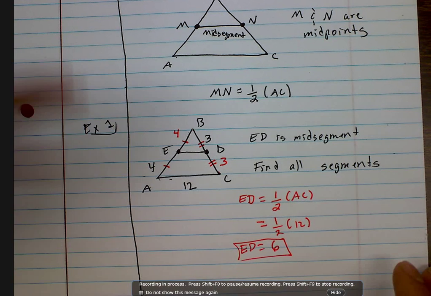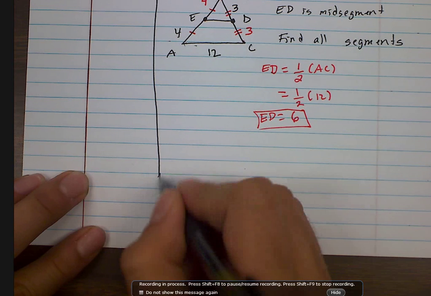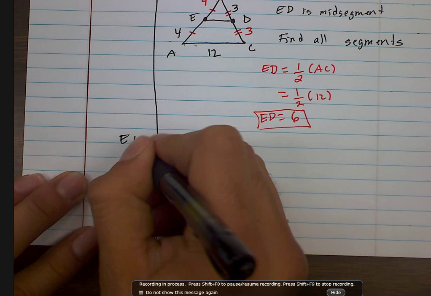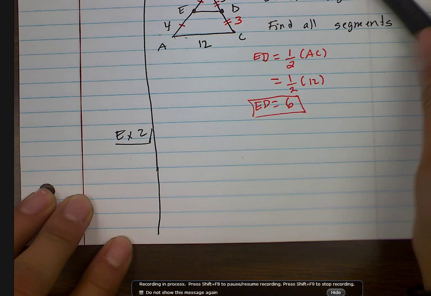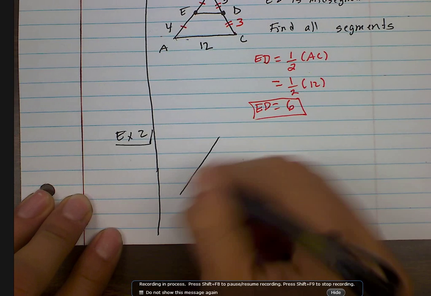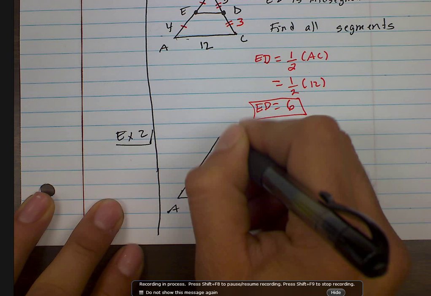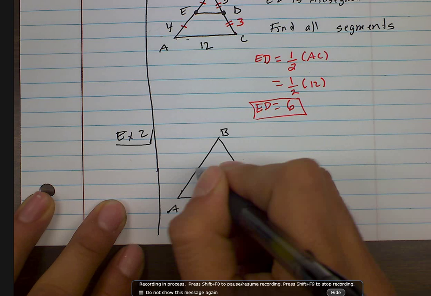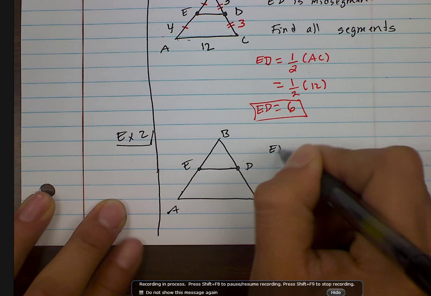But those are the basic ones. Then we can also do problems that involve algebra. So in example 2, I have this triangle here. That one is A, B, C, and then that one is E, that one is D, and we know that ED is the mid segment.